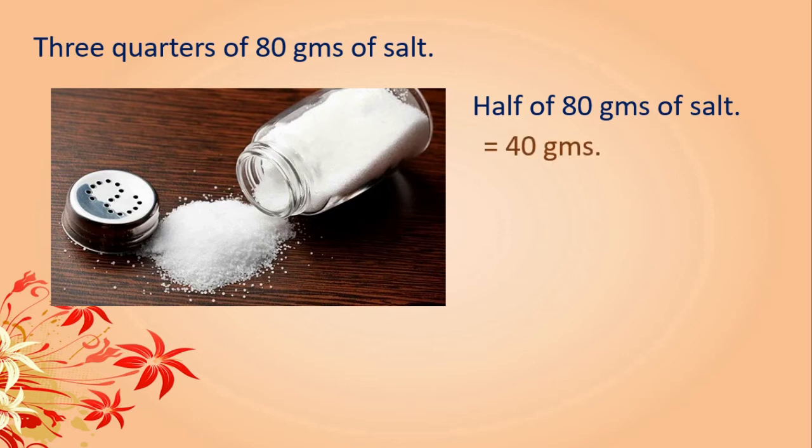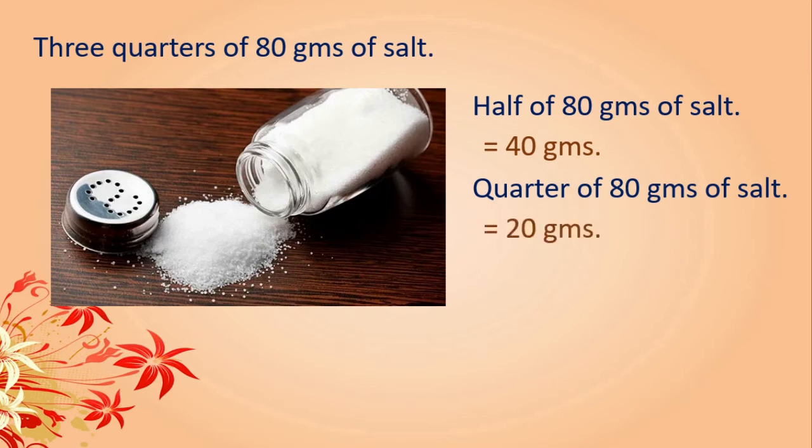Okay. Then you know that 3/4 is equal to quarter multiplied by 3. So we will find out the quarter of 80 grams. That is nothing but half of half. That is equal to 20 grams. Isn't it? Are you following?